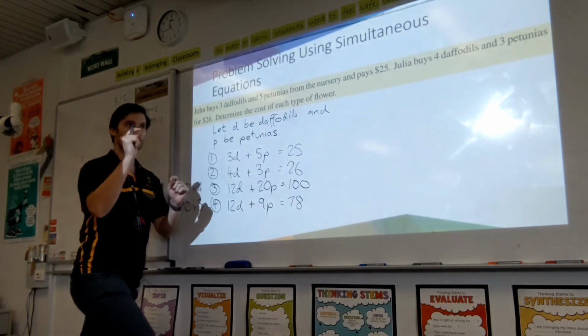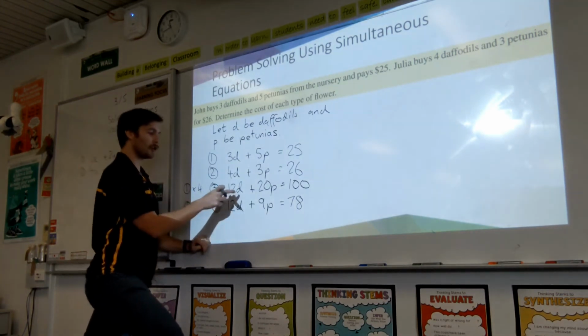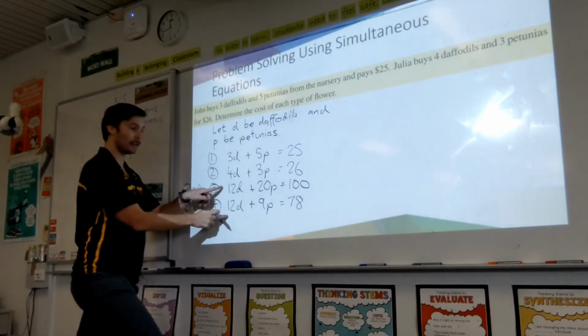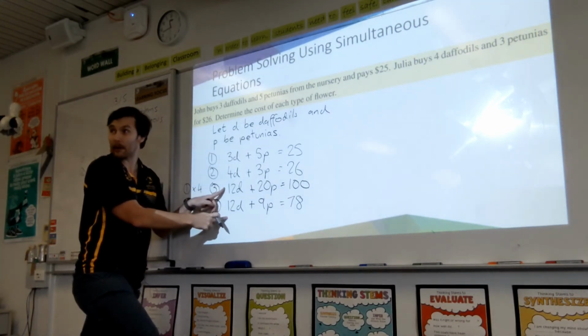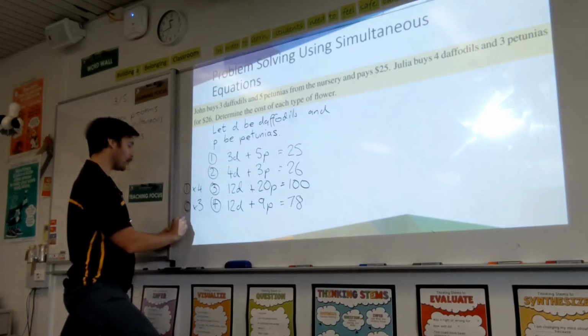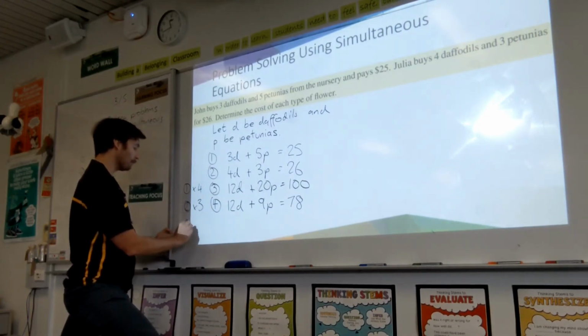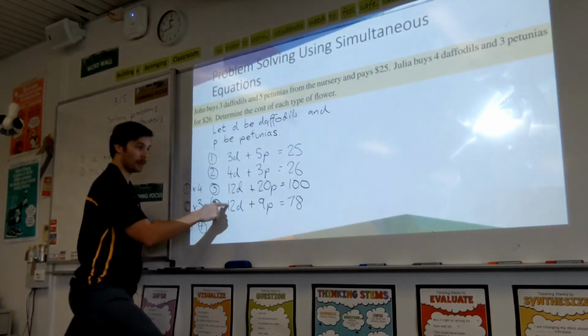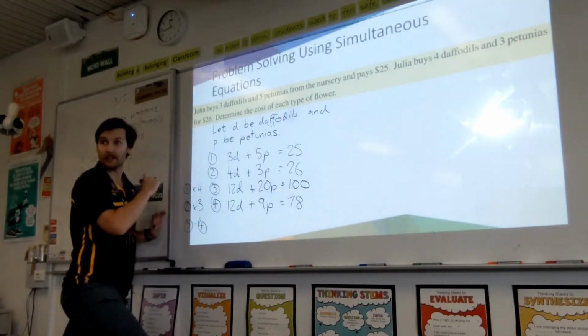Okay, so by manipulating it, I've got 2 equations that have the same proportion as 1 and 2, but I can combine these to eliminate one of the variables. So I'm going to say equation 3 take away equation 4. 12D take away 12D is nothing.